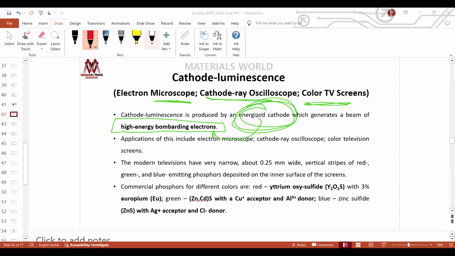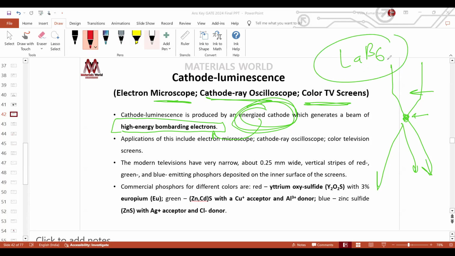We use an energized cathode in electron microscopy, from that electron gun tip we get the electrons. That is a cathode tube. It is either lanthanum boride, LaB6, or tungsten. They are the tip, the cathode, and from there you get the electron generation.